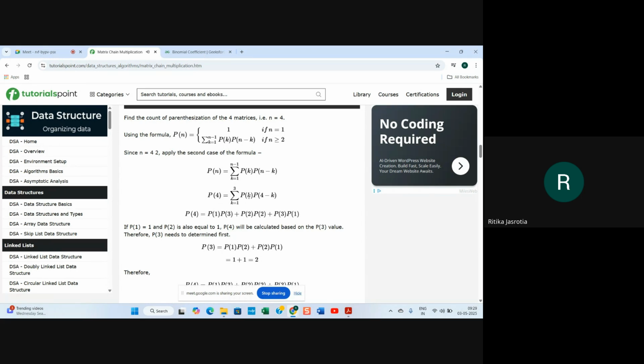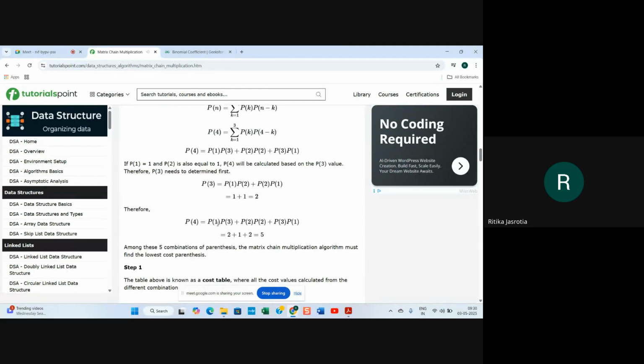It will be P1 into P2, P3 minus 1 being 2, plus P2 into P1, since 3 minus 2 will be 1. We are calculating P3 here. So P1 into P2 plus P2 into P1, both giving 1 and 1, is equal to 2.